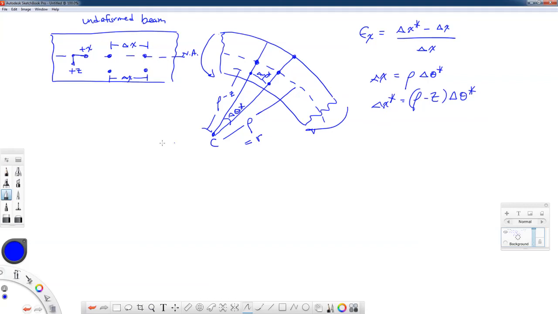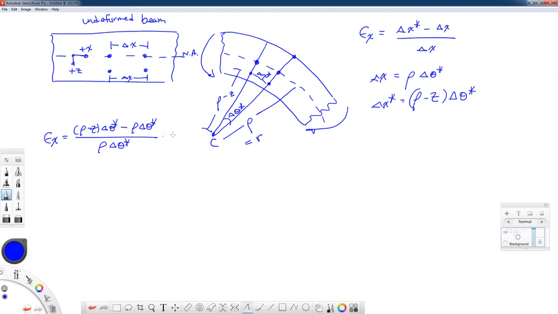So if we put these in here for our longitudinal strain, we're going to get rho minus z delta theta star, minus rho delta theta star, and then we're going to divide this by rho delta theta star.